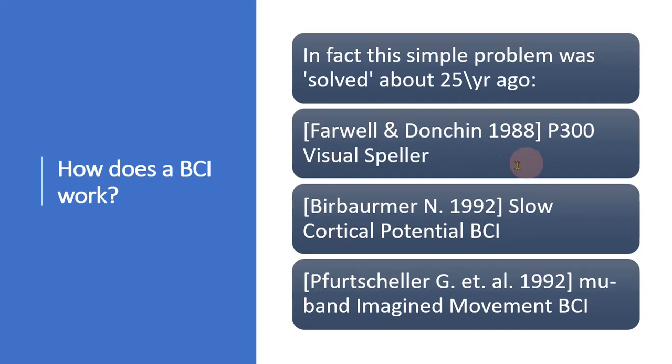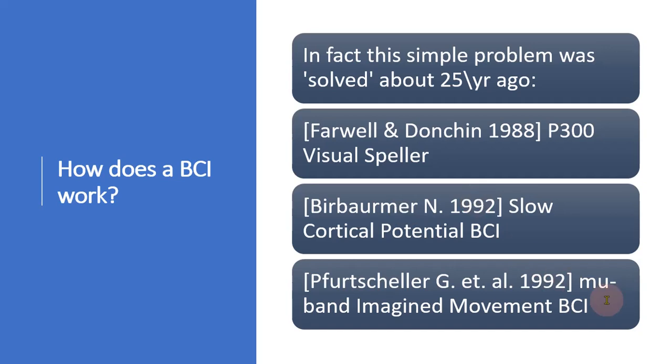While in the P300 visual speller we have external stimuli, making it an exogenous type of BCI, this one is endogenous.